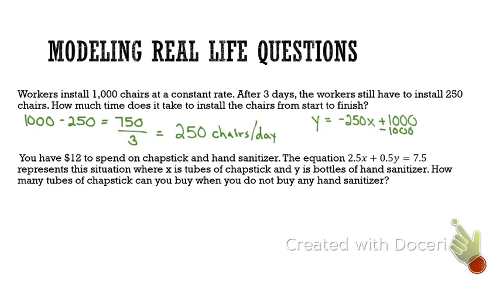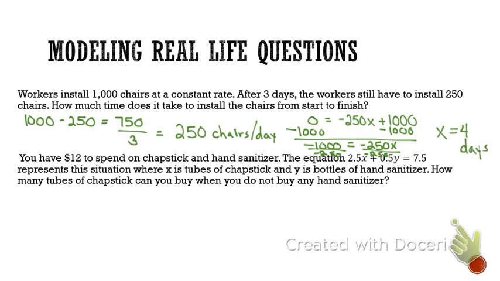So 0, I can just write it here so I don't have to rewrite the equation. All right, when I subtract 1,000, I get negative 1,000 equals negative 250x. Now you just divide by negative 250, and x equals 4 days.